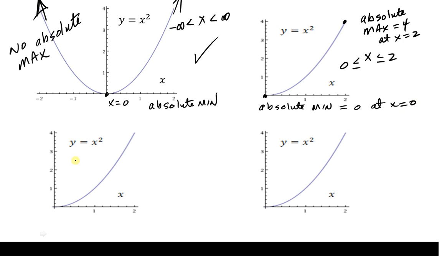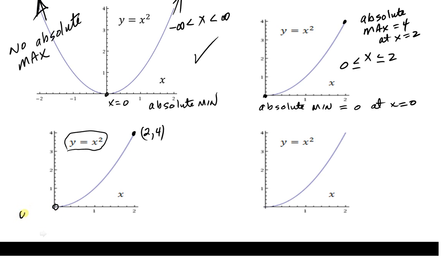Now let's look at basically the same function except with a little bit different domain. Let's say that we have a heavy dot at x equal 2. In other words, the point (2, 4) is on the graph, but we have a hole in the graph at x equals 0.